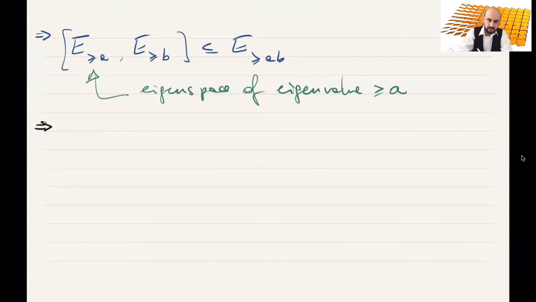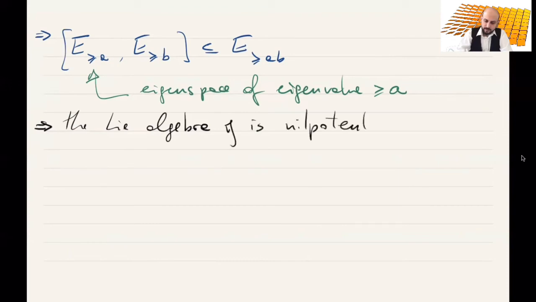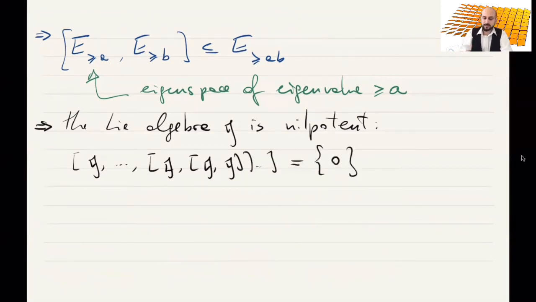So this implies that the Lie algebra G is nilpotent. This means that if you perform the bracket enough times, then this is just the 0 vector.